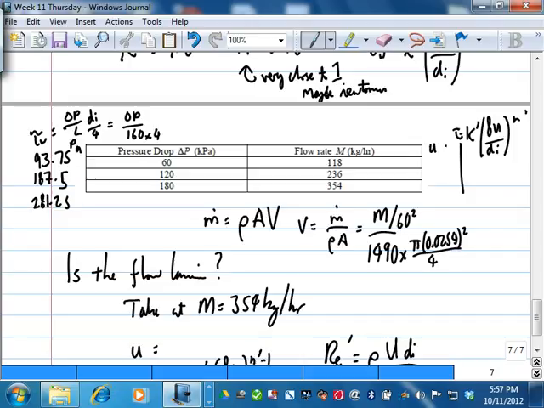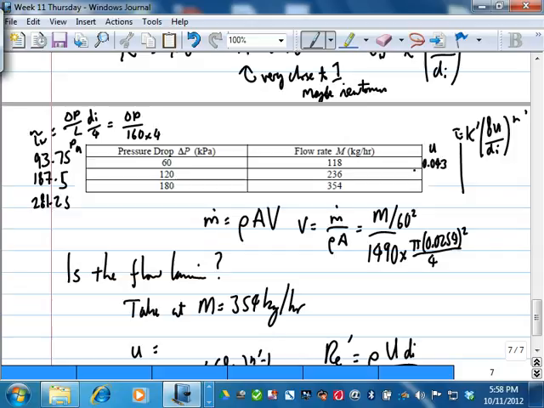Can't be. First one is 0.043. For Newtonian flow, very viscous, reaching 1 meter per second is already very difficult. Cannot reach 100 meters per second, it's near impossible.